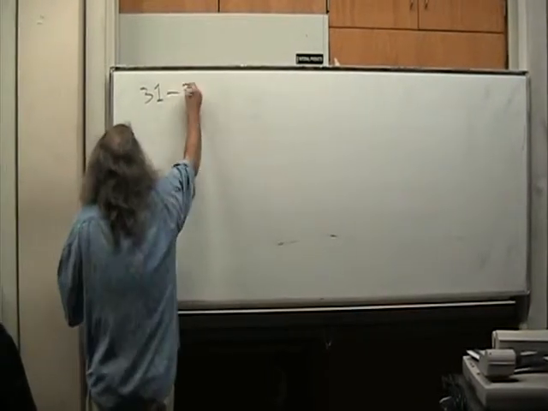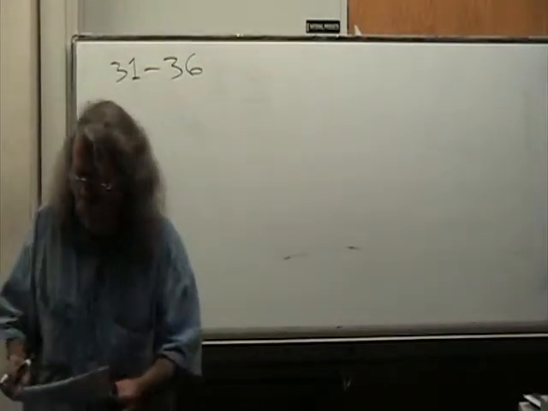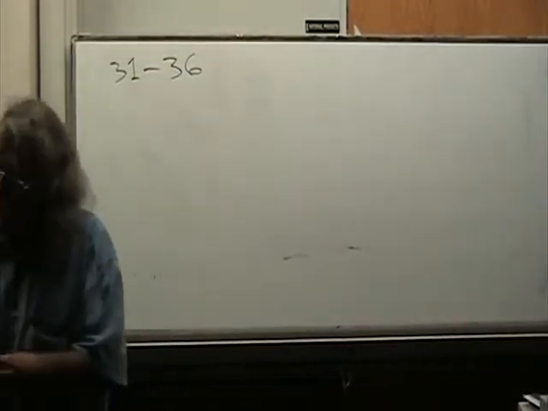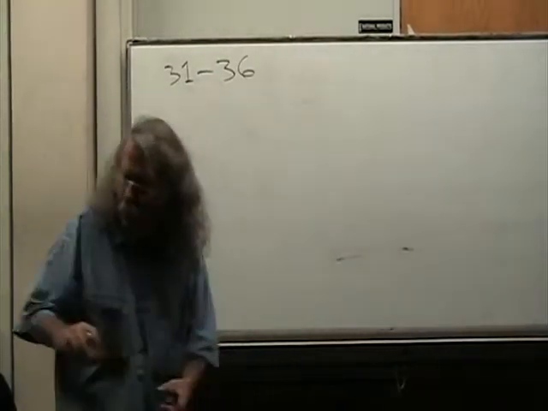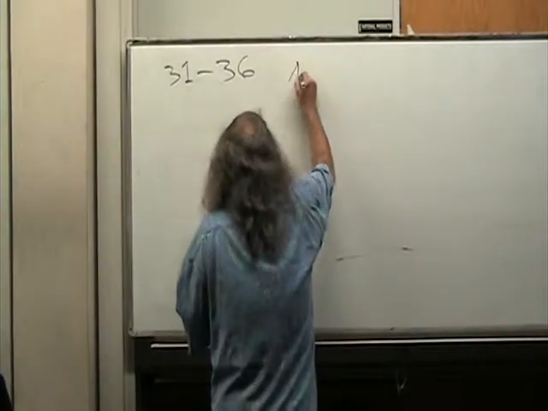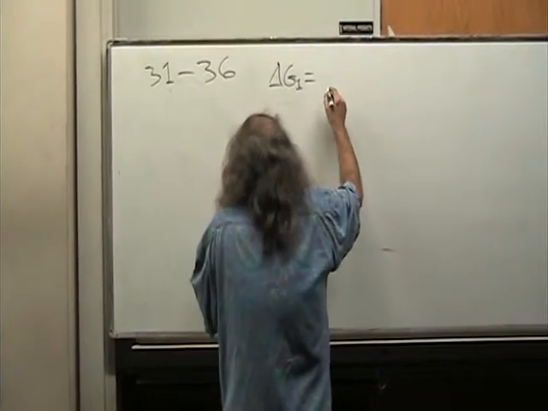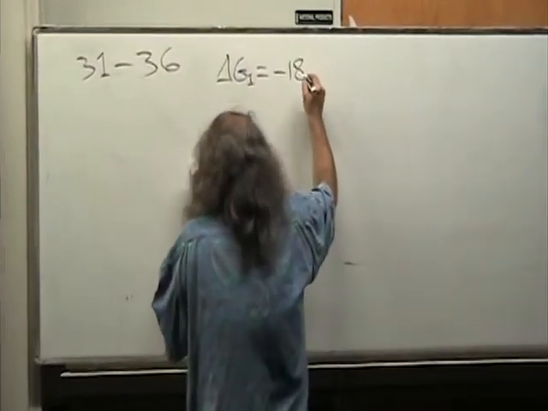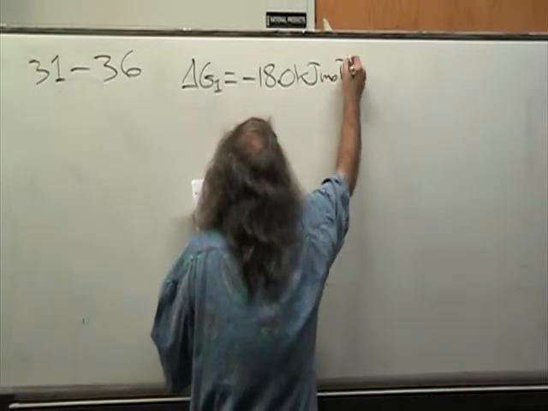I'll go all the way, 31 through 36. And for 31 through 36, we're going to take advantage of the fact that, well, first let me write up what we're doing with it. Delta G1 is equal to minus 18.0 kilojoules per mole.